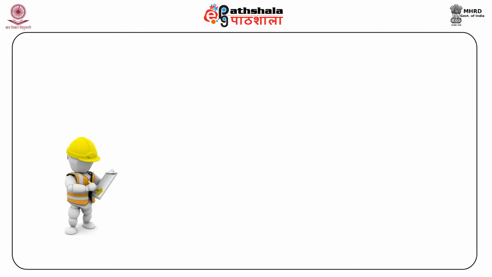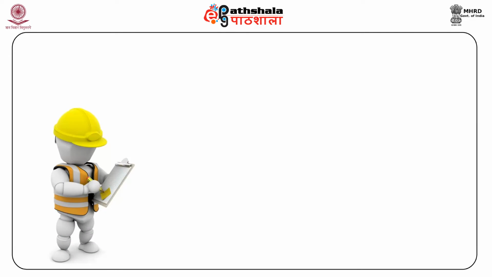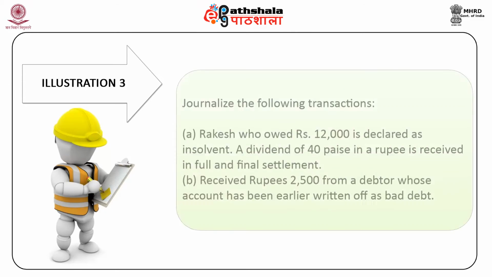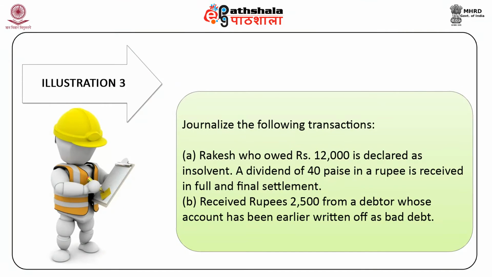These special transactions can be explained better through illustrations as Illustration 3. Journalize the following transactions. A. Rakesh, who owed rupees 12,000, is declared as insolvent. A dividend of 40 paisa in a rupee is received in full and final settlement.